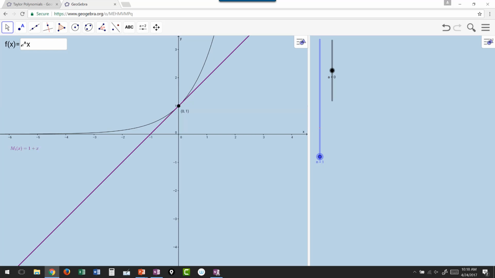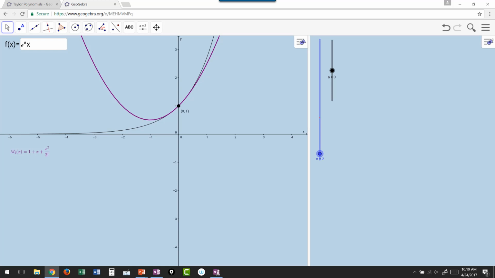So the best constant approximation to e to the x is just the constant equal to 1. Here's the best straight line approximation for e to the x. So the requirement that their slopes are the same means that the Taylor polynomial of degree 1 is really just the tangent line there, but they have the same value at 0 and they have the same slope at 0. And over here is the Taylor polynomial of degree 1, 1 plus x. Here's the best possible quadratic approximation.